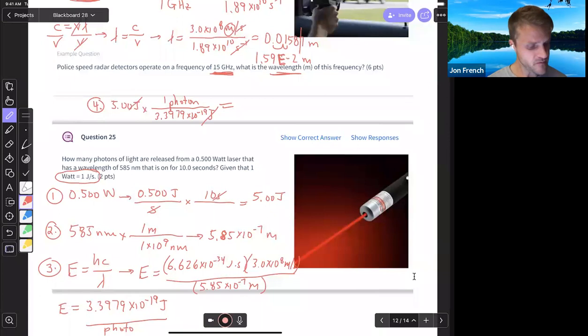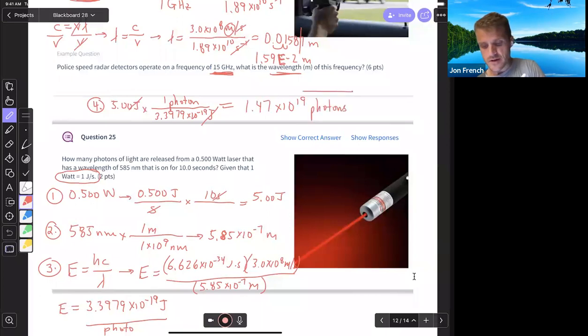So let's see, 5 divided by that. And I get like 1.47 times 10 to the 19 photons. I need a large number of photons to come up with all of that energy. Any questions on 25?